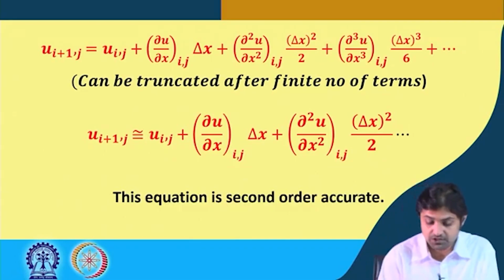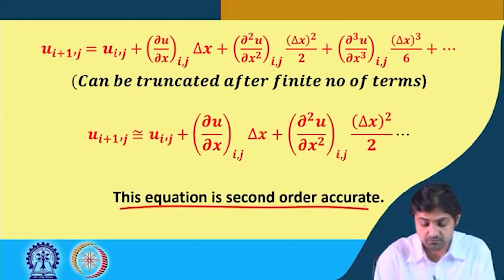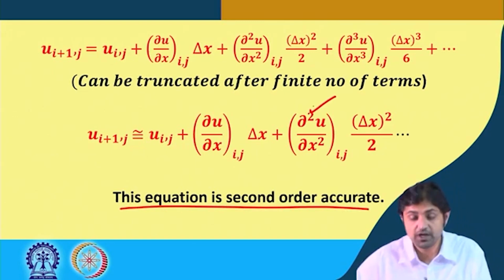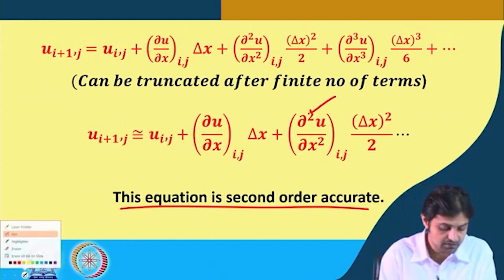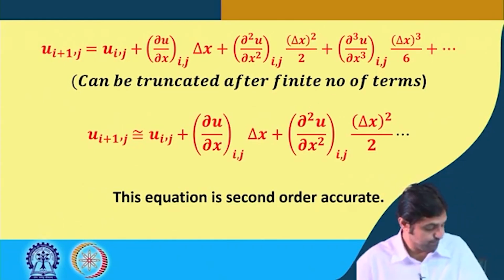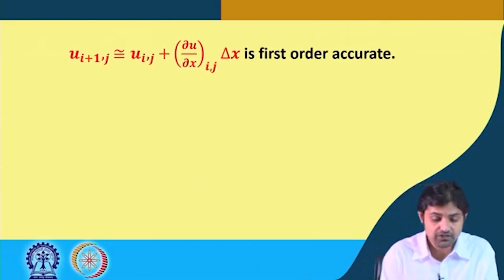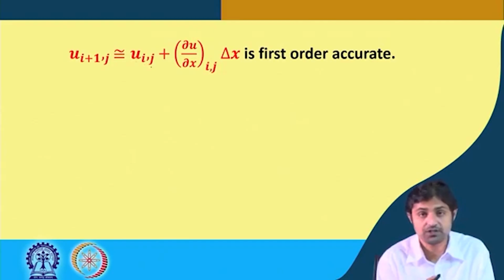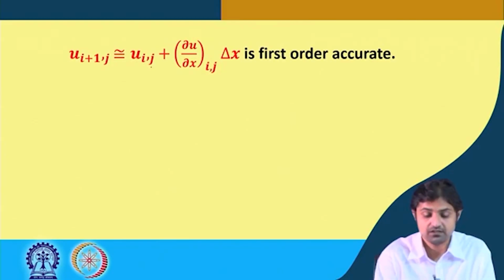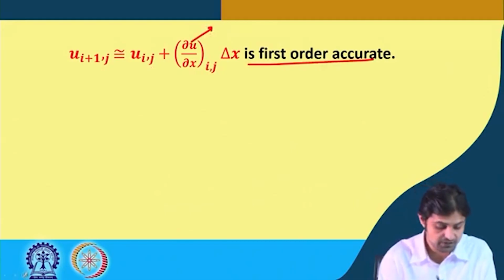So, this equation is second order accurate because we have a square term, del square u by del x square. If you want to make it first order accurate, it can be written as u i+1,j is u i,j plus del u del x evaluated at i,j into delta x. So, this is first order accurate.